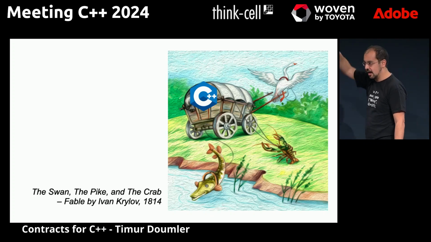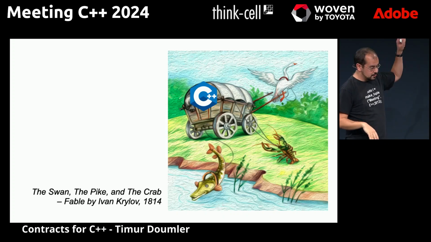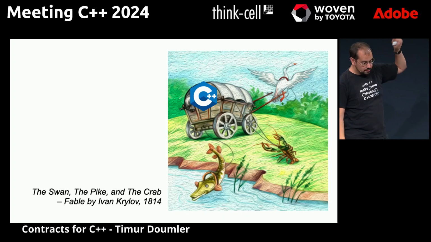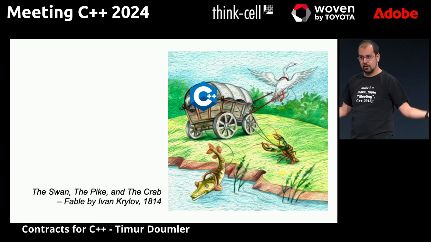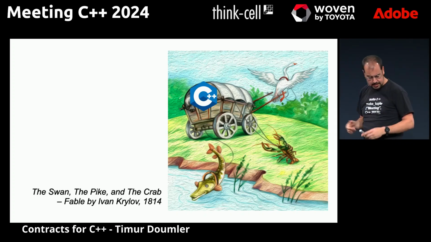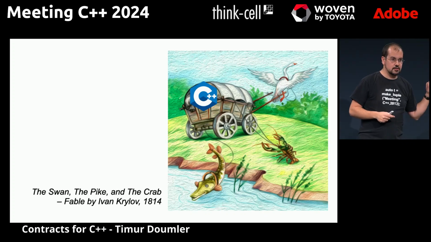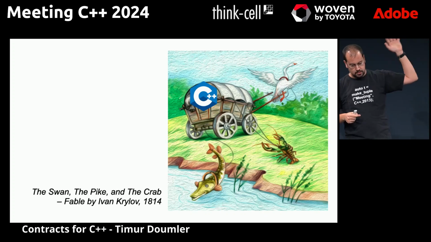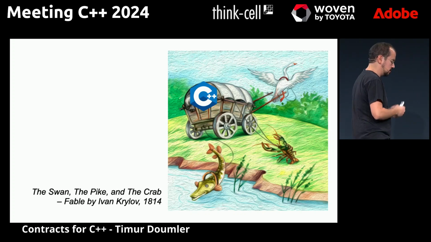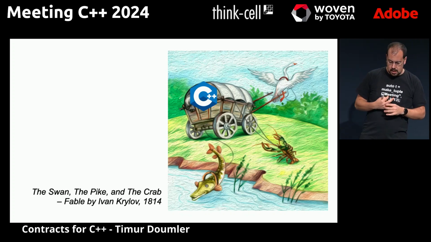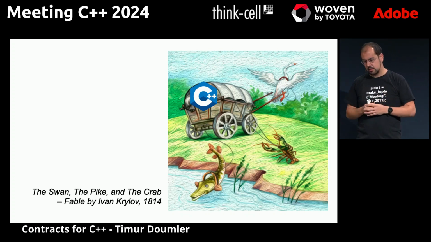The swan is pulling up into the skies, the fish is pulling down into the river, and the crab is pulling sideways, and so the cart is going nowhere, and it's still there where it was today. This is a situation we were in for another few years. Everybody wanted to get their favorite use case first, and we didn't really make any progress there. And so that's also not a good way to specify a feature.